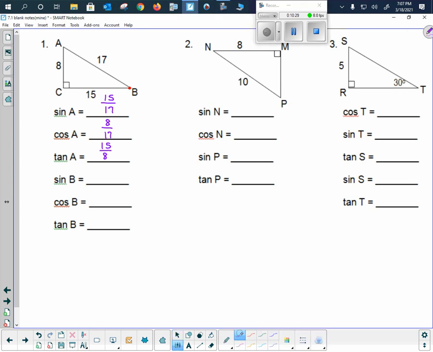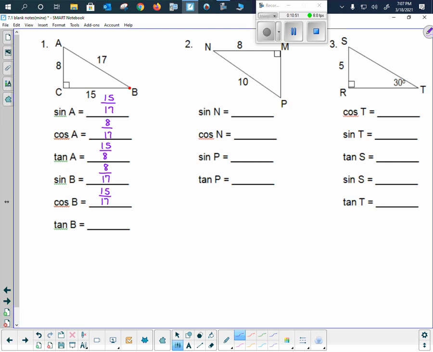Okay, let's see how it went. From B's perspective, sine is opposite over hypotenuse. So opposite is 8, hypotenuse is 17. 8/17 does not reduce. That's your final answer. Cosine is adjacent over hypotenuse. So from B, adjacent is 15, hypotenuse is 17.